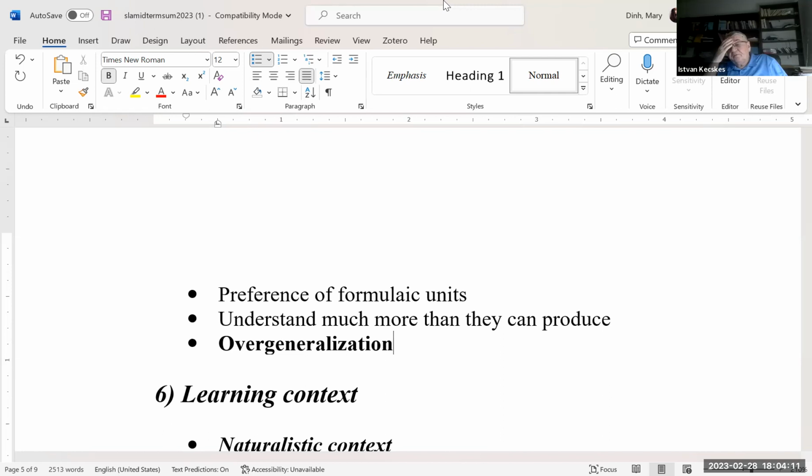So when they hear a particular expression in the environment and they are not necessarily sure what the functional meaning of the expression is, of course, most of the time they make some effort to figure out what the meaning is. And when they find some explanation, they start to use the expression, not thinking about the fact that occasionally it is not necessarily very appropriate to use the expression.